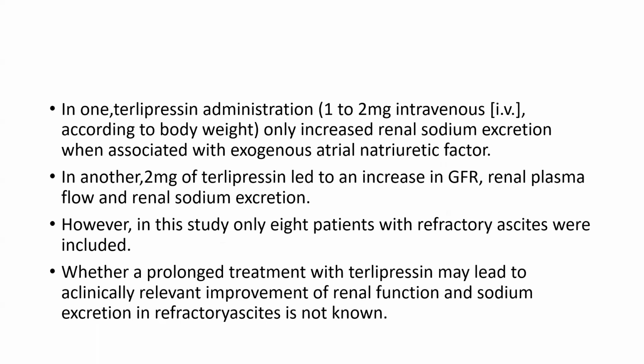Another study using 2 mg of terlipressin led to increased GFR, renal plasma flow, and renal sodium excretion. But in this study, only 8 patients with refractory ascites were used.